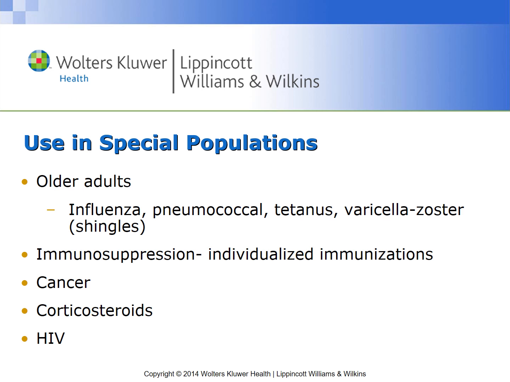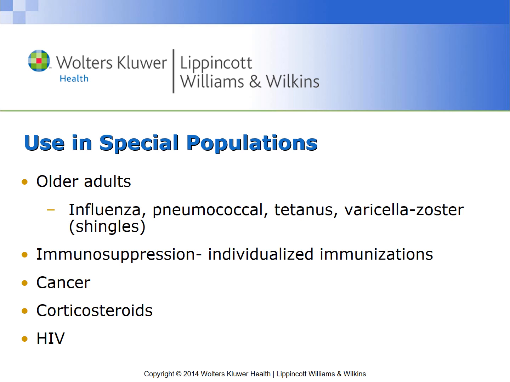Now, older adults, we recommend that they get influenza, pneumococcal, tetanus, and varicella vaccine. And again, immunosuppressed patients, we have to individualize their care based on where they're at in their illness or their treatment. Specifically, cancer patients, we've got to be really, really careful with that.